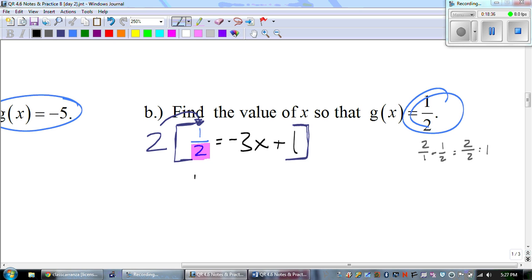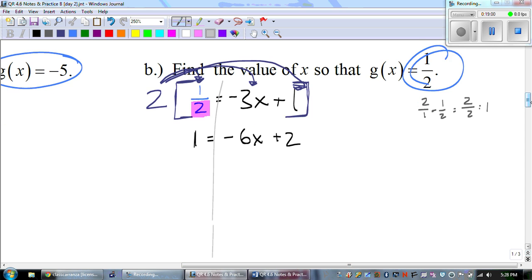Half of 2 is 1. Okay, and remember, we have to multiply everything. So that turns to a negative 6x. And everyone always seems to forget that last guy. 2 times 1 is 2.